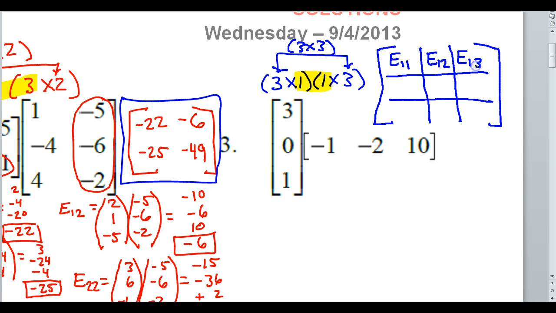This is row 1, column 3. This is row 2, column 1. Row 2, column 2. Row 2, column 3. Everything down here is row 3. So row 3, column 1. Row 3, column 2. Row 3, column 3. These are all the elements that we have to find one at a time.